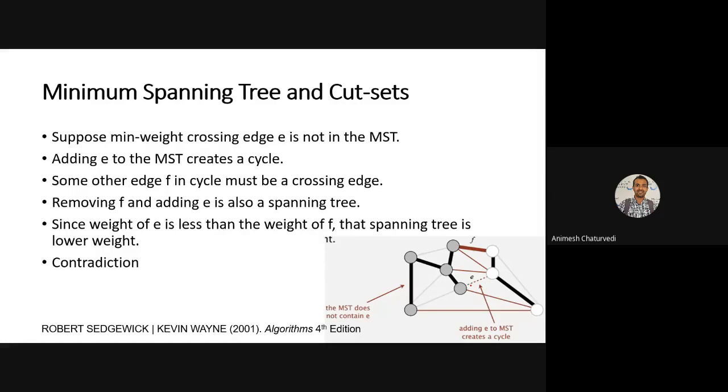So you have one more spanning tree, which contains F but E is not contained in that minimum spanning tree. Now, what do you want to say? You assume that E is not part of the minimum spanning tree.